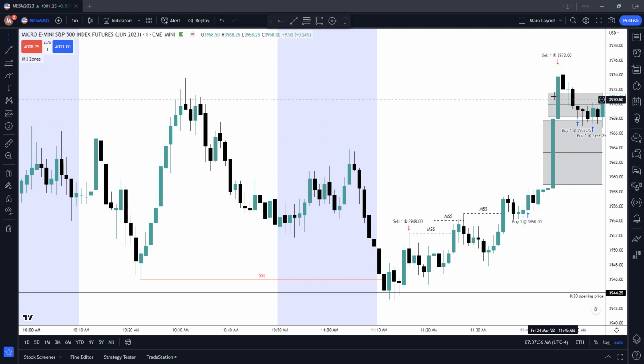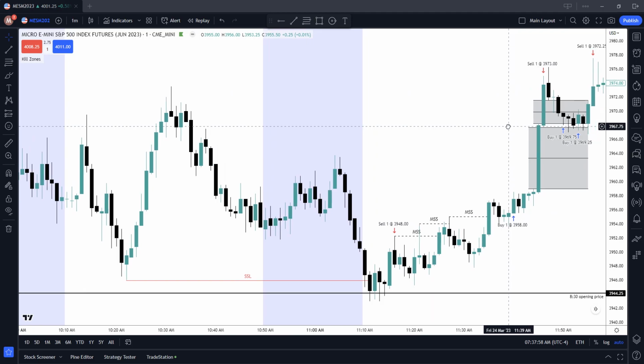But you've got 2 fair value gaps. It dips into the second one, and as it comes back into the first one, I set a buy limit order, trying to hit a pump.